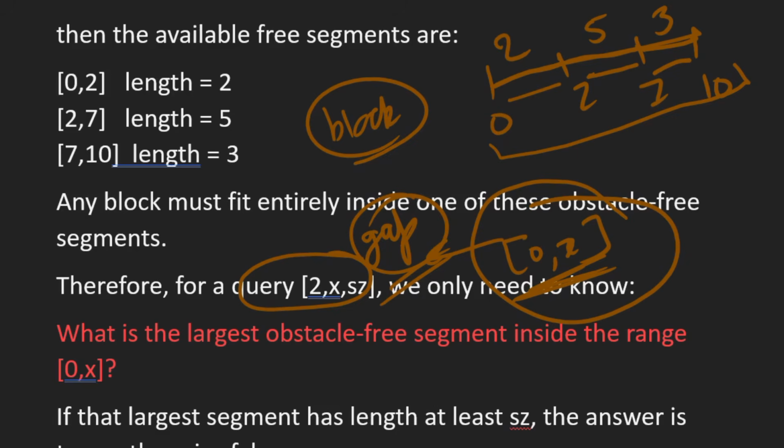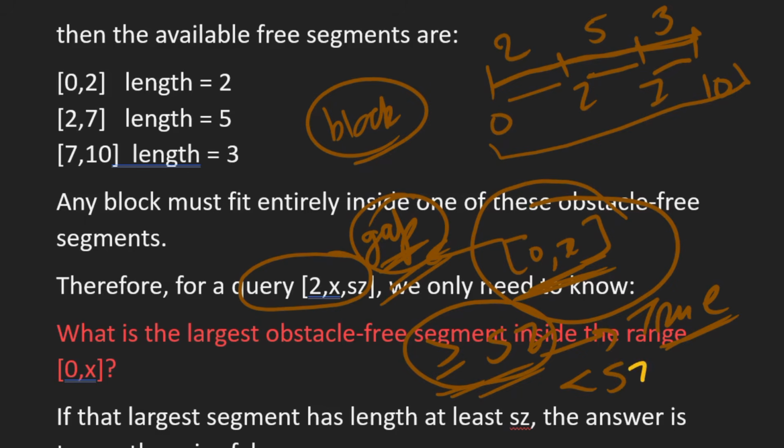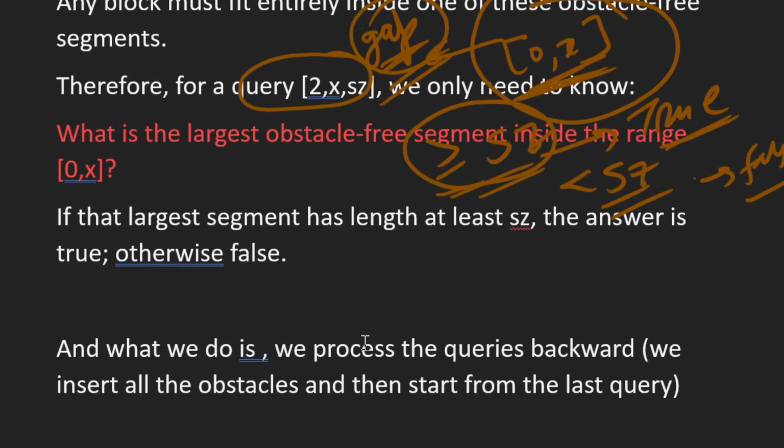If the largest gap is greater than or equal to SZ, the size of the block, then our answer will be true, because we can fit that block in that particular gap. If the largest gap is less than SZ, then we can't fit the block, so we return false.